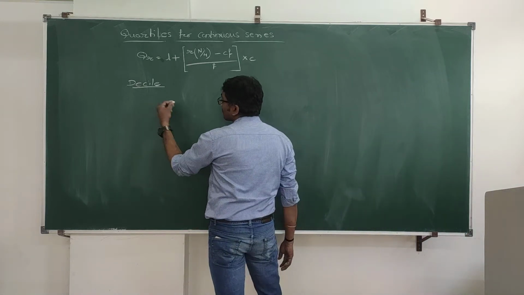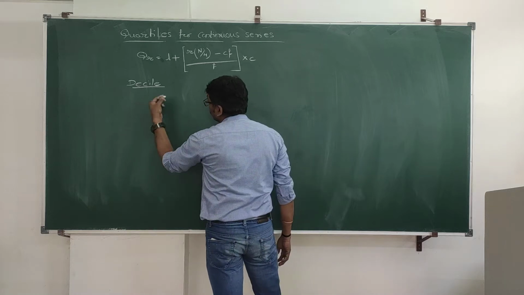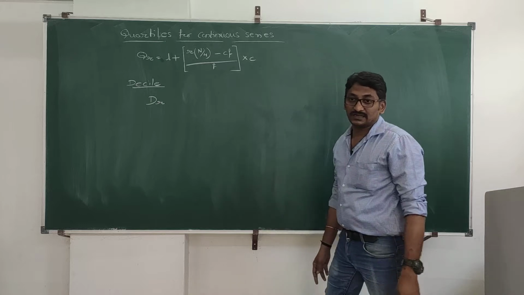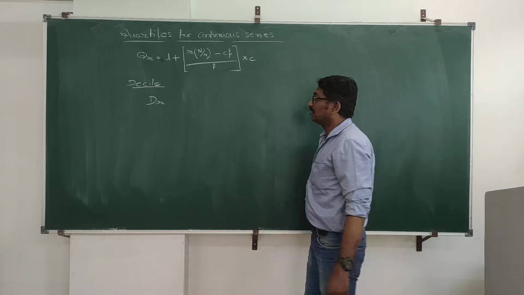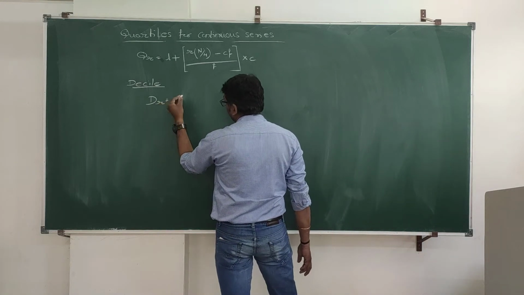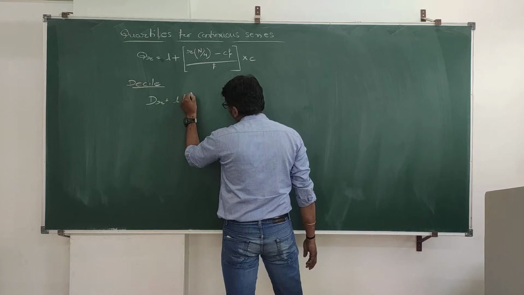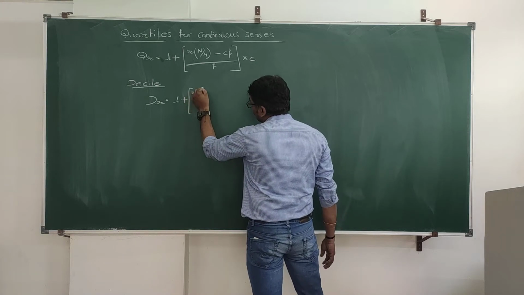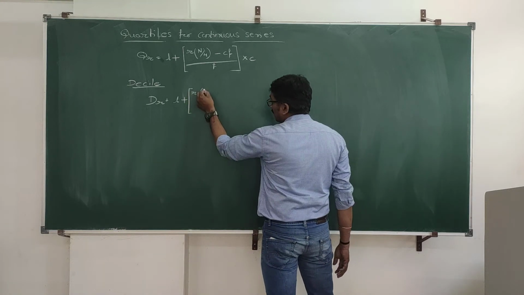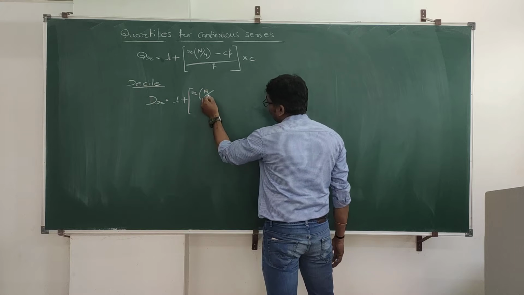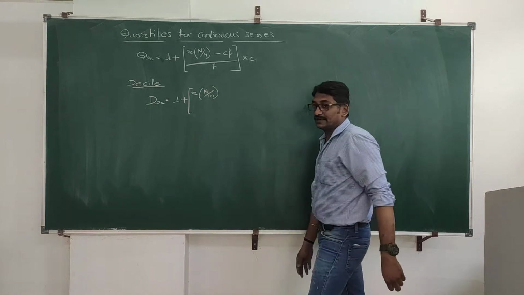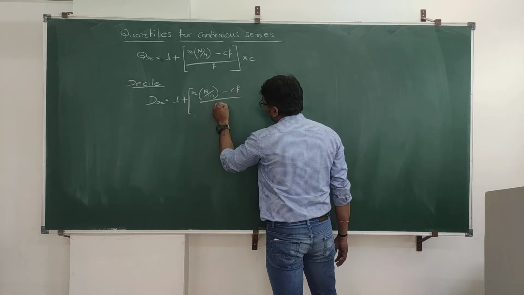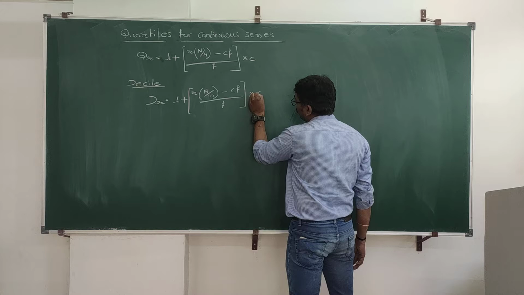I'll write down the formula. Now decile is denoted by D_r, which is equal to, again the formula is L plus into bracket r in a small bracket capital N divided by 10, bracket complete, minus CF divided by F, bracket complete into c.